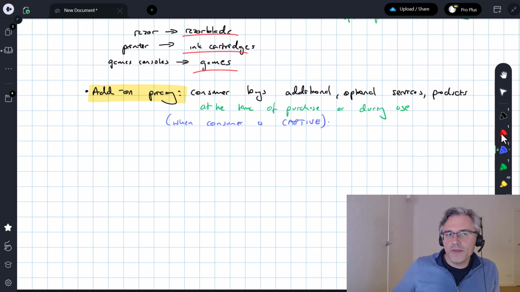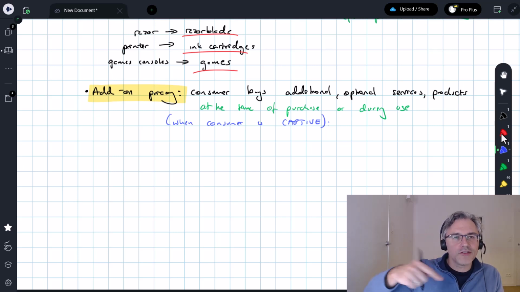And this happens to me quite a lot. I'm by no means susceptible to this kind of strategy. I click no whenever this comes up. But I was recently buying a new phone, and as with many electronics purchases that I make online, the store selling it was trying to get me to buy additional services for that phone, like protection for the screen, which I actually bought, or maybe a case for that phone, which I bought.